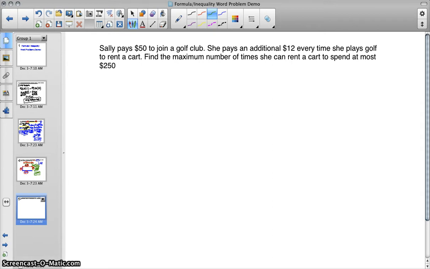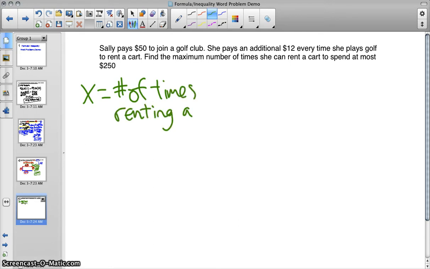The question is the maximum number of times she can rent a cart to spend at most $250. So x is the number of times renting a cart.